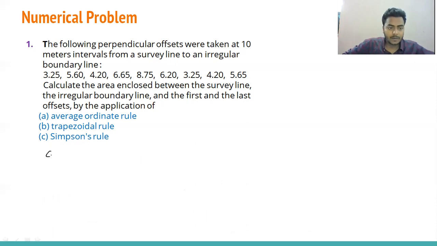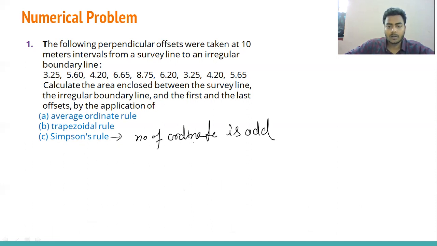Now C1, Simpson rule. What is the formula? See here, the number of ordinates is odd, because n is 9. Number of ordinates is 9, and 9 means odd. So when the number of ordinates is odd, we can apply the Simpson rule directly.